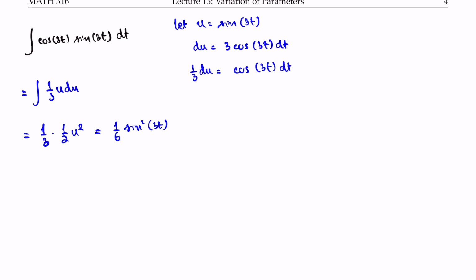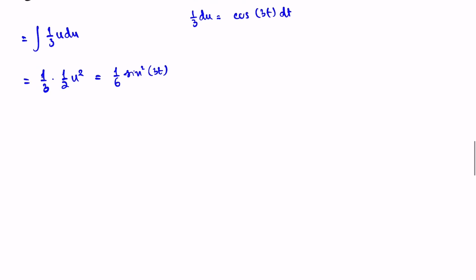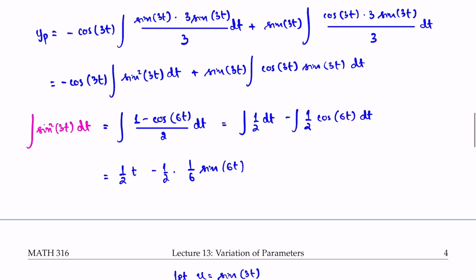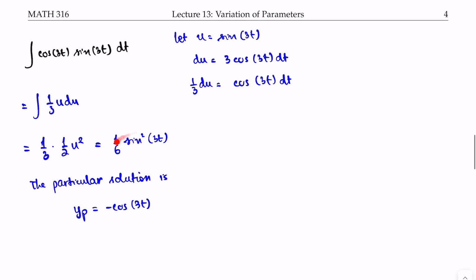Now you're going to put everything back together to rewrite the particular solution. So y sub p equals negative cosine of 3t multiplied with the integral of sine squared of 3t, which is equal to this part, plus sine of 3t multiplied with the integral, which is equal to this expression.